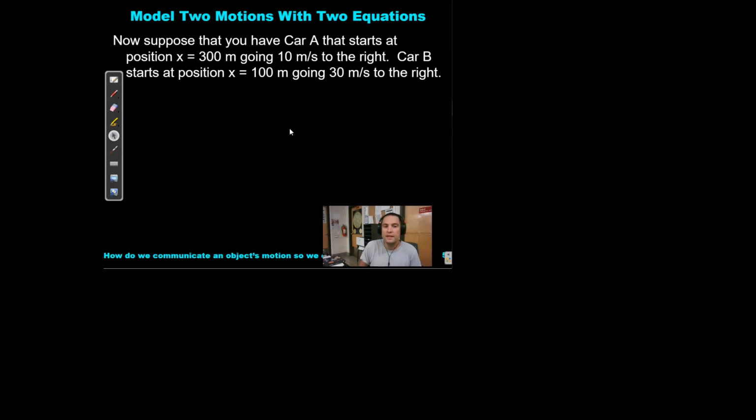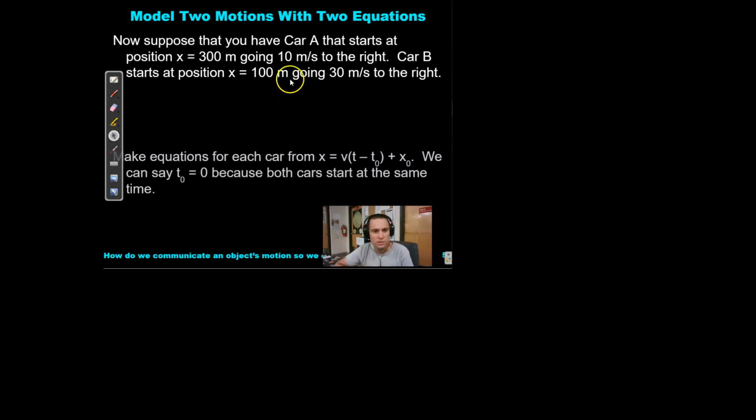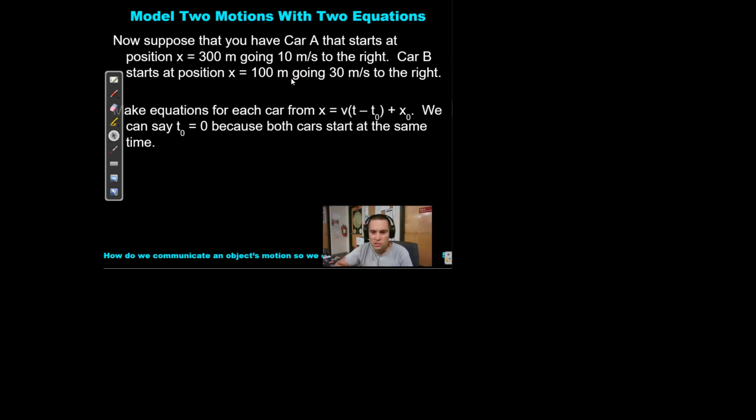Suppose you have car A that starts at position x equals 300 meters, going 10 meters per second to the right. Car B starts at position x equals 100 meters, going 30 meters per second to the right. Make equations for each car from x equals v times t minus t naught plus x naught. We can say t naught equals 0 because both cars start at the same exact time. Car A's equation becomes that. Car B's equation becomes that.